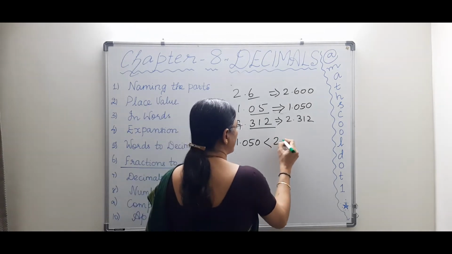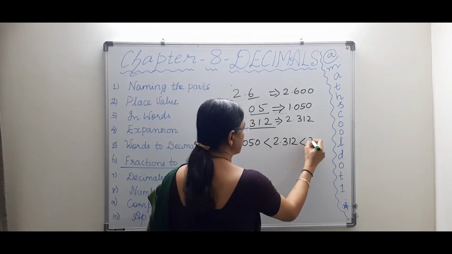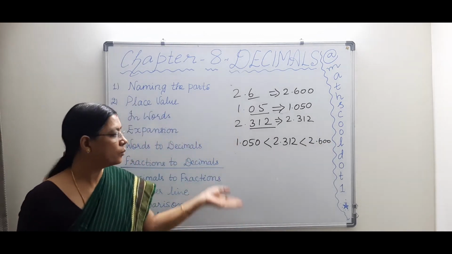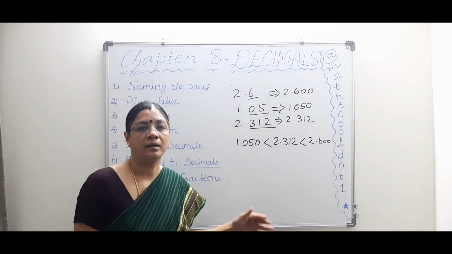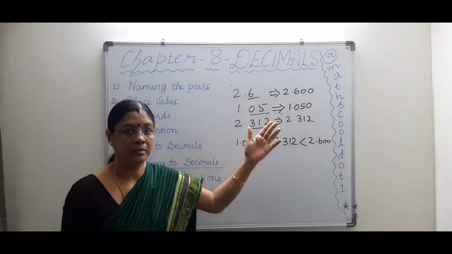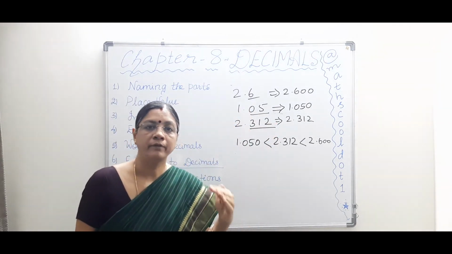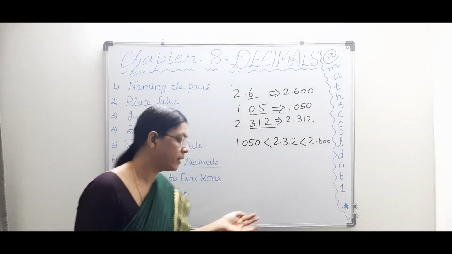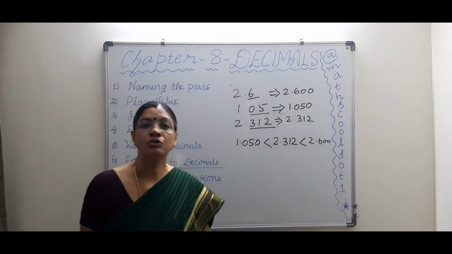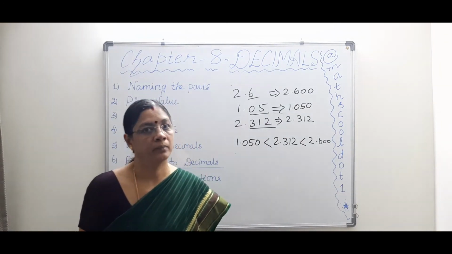So 2.312 is less than 2.600. So like this we compare decimal numbers after converting unlike decimals to like decimals. So only after converting unlike decimals to like decimals we will be able to compare, and we'll also be able to add or subtract them. You understand?